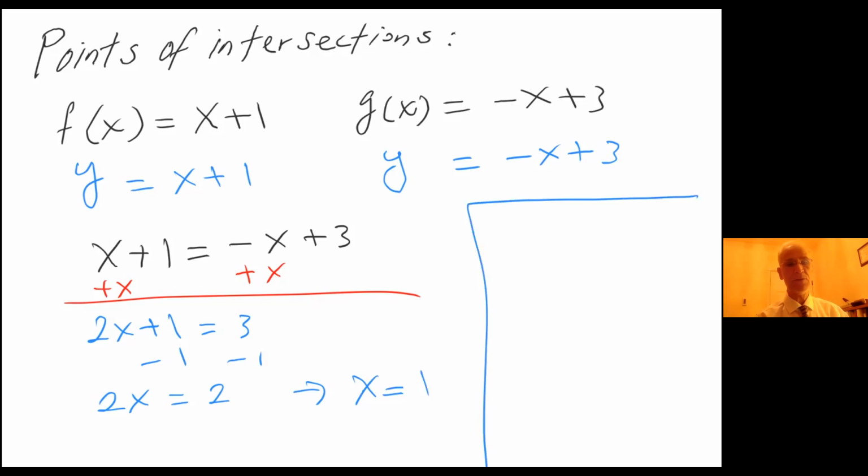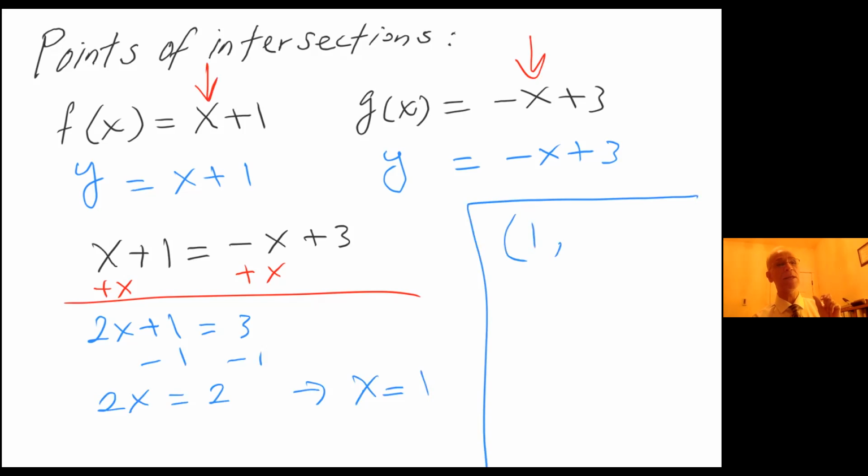So what if I want to find the coordinate point? Well, I know that at x equals 1, they intersect. What's the y value at that particular point? Well, I can substitute that 1 in here or in here. They would give me the same answer. Why is that?